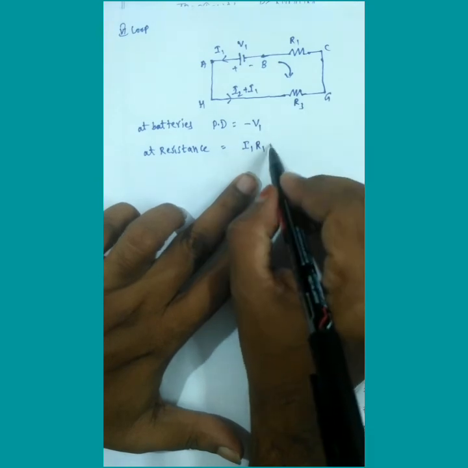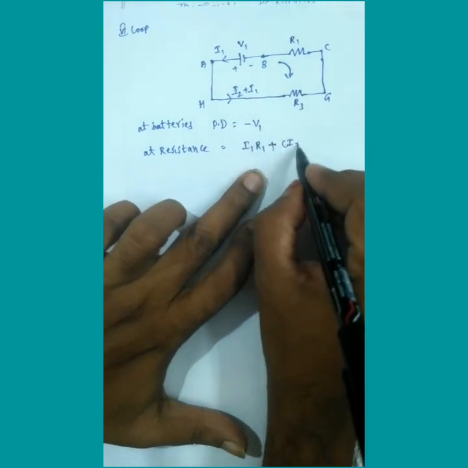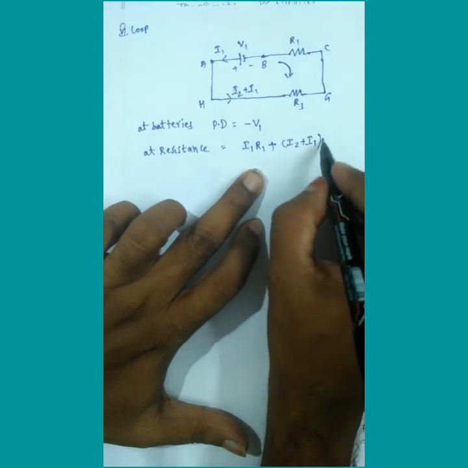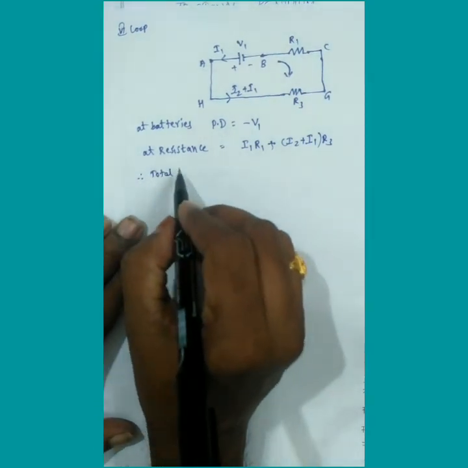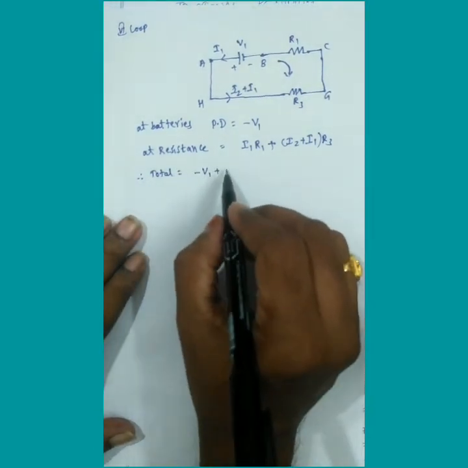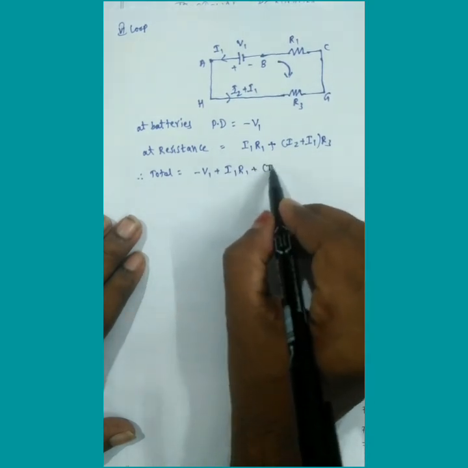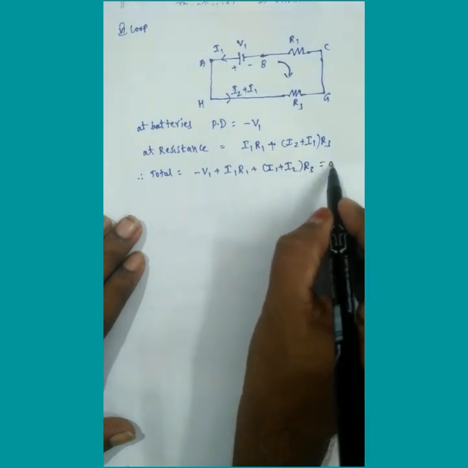Here the current is I2 plus I1, or I1 plus I2, into R3. Therefore the total is minus V1 plus I1 R1 plus (I1 plus I2) into R3 equals 0.